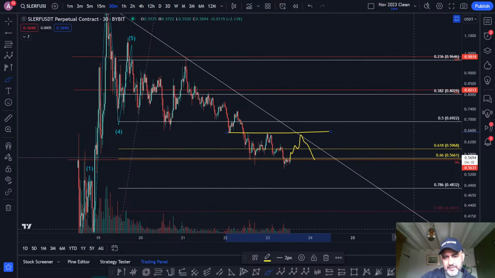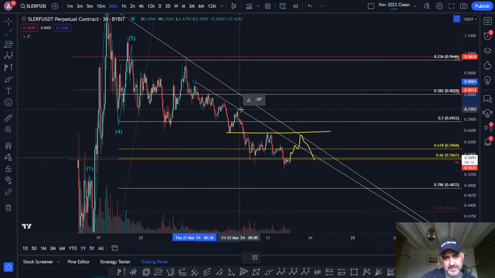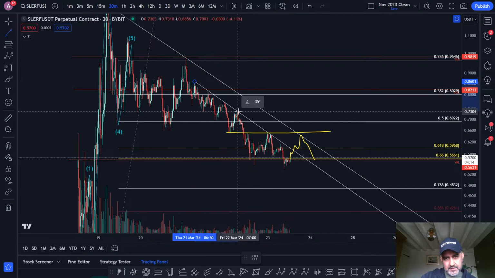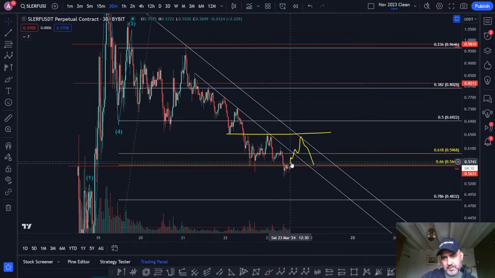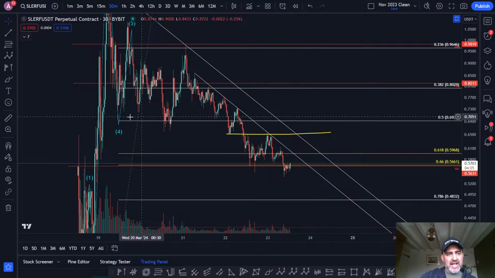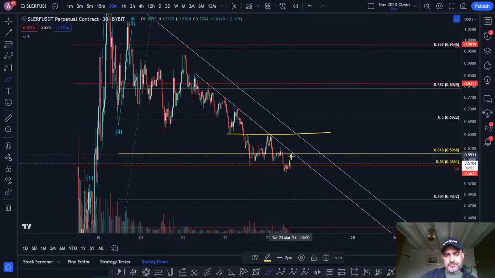The other thing you've got going on here is a kind of a different trend line here. Potentially though, you would go up, break it, reject, find support to break that one.